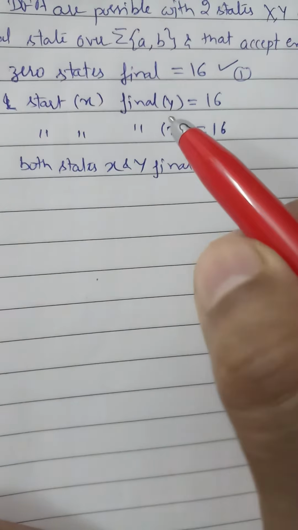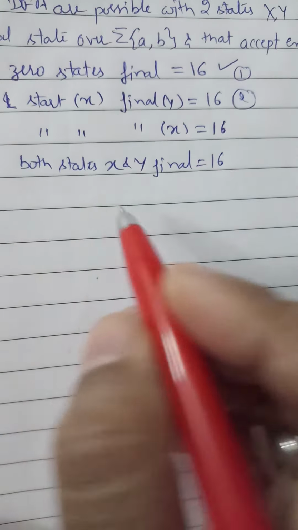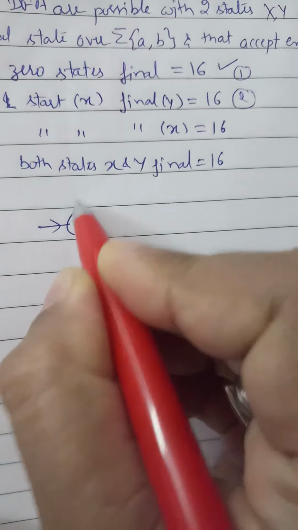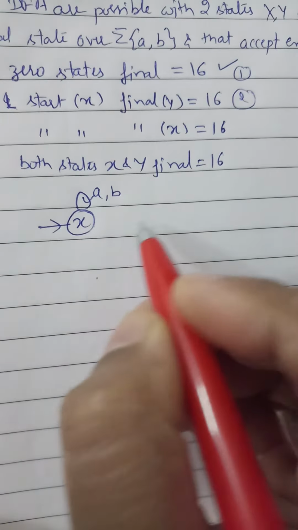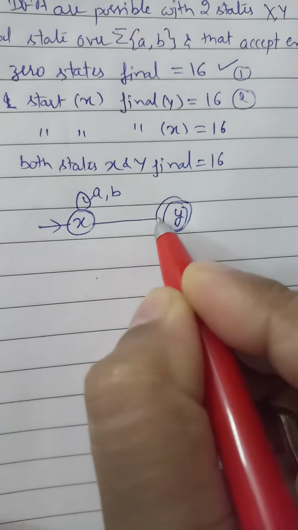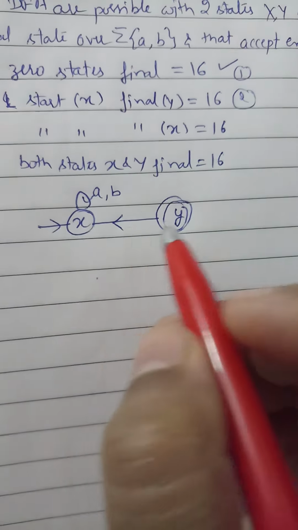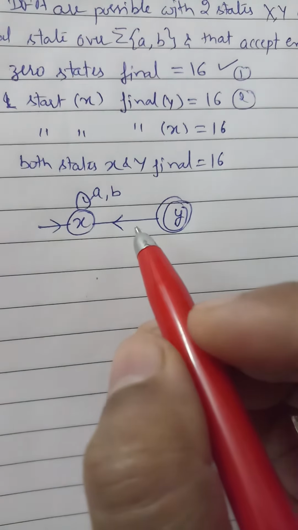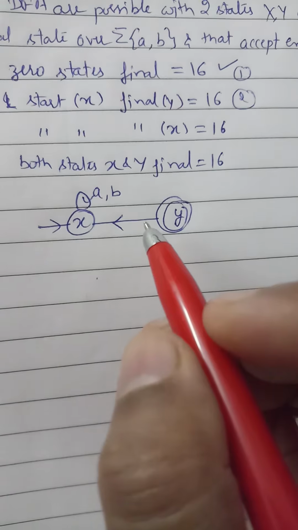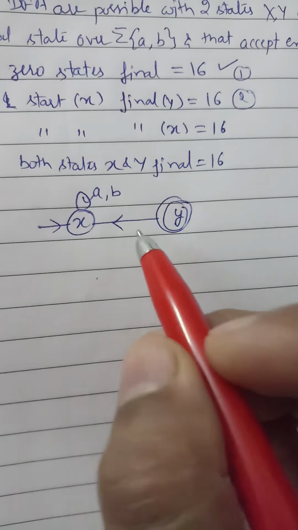In the second case, start x and final y. Suppose we have start x, y final, but the direction is like that, then definitely it will not accept anything, or we can say it will accept empty language because of the direction.